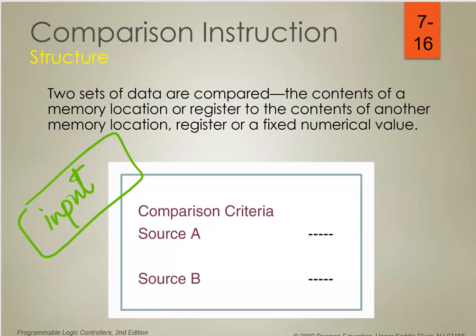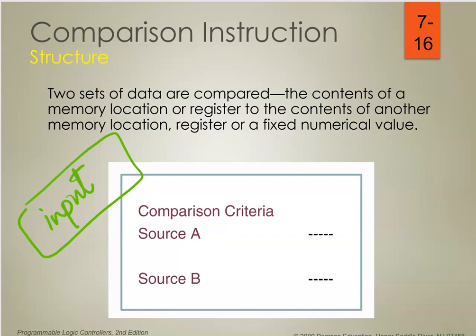Based on comparison, you can have a true statement or a false statement, and that statement can turn on or turn off your output, or in other words, it can keep the input rung's continuity, or it can interrupt the continuity of your input rung. So it is really important to consider that this instruction is an input instruction.